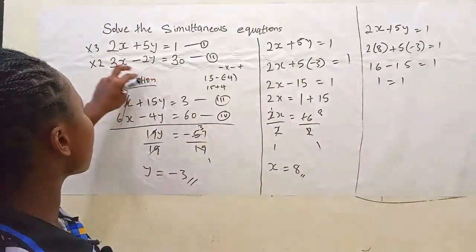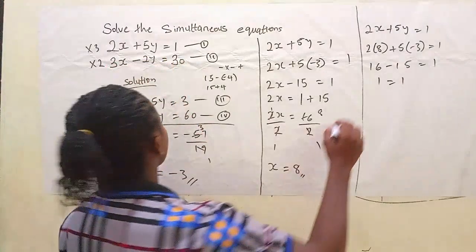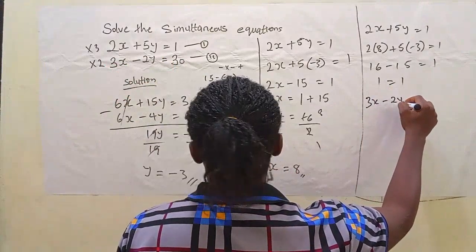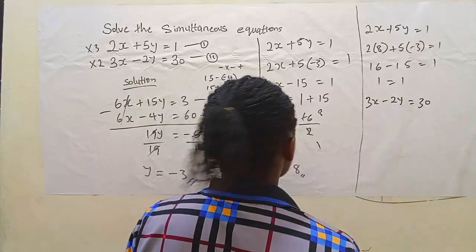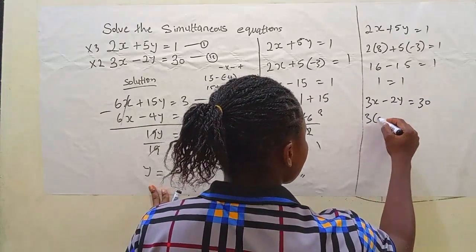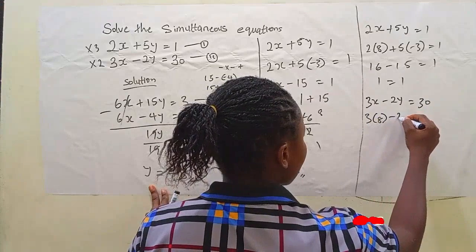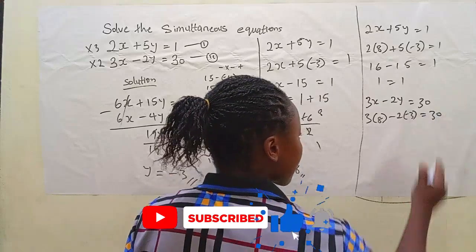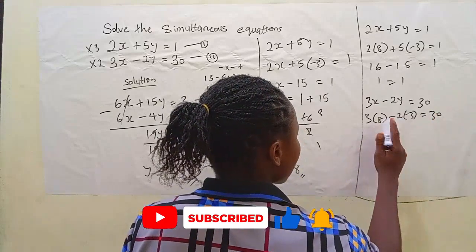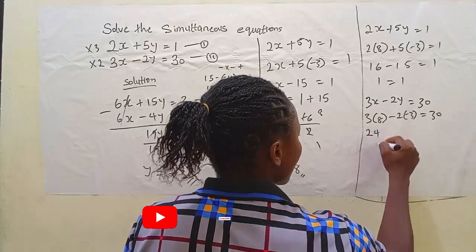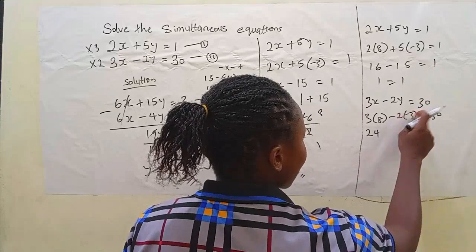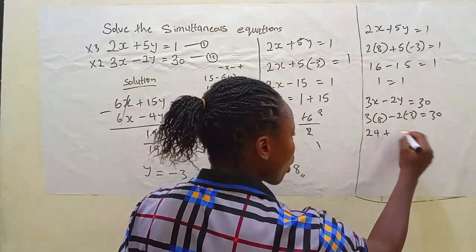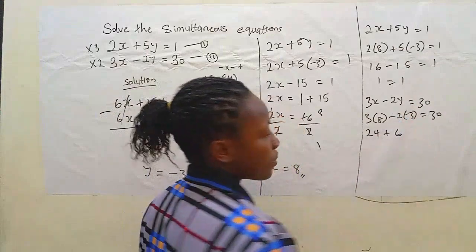So let's also substitute it in equation 2. Alright, so we're going to have 3x minus 2y equals to 30. Our x is 8, while our y is minus 3. This times this is going to give us 24. This times this, minus 2 times minus 3, is going to give us plus 6.